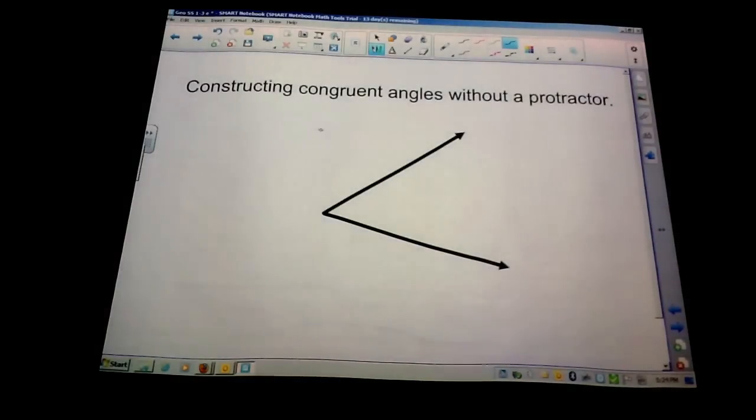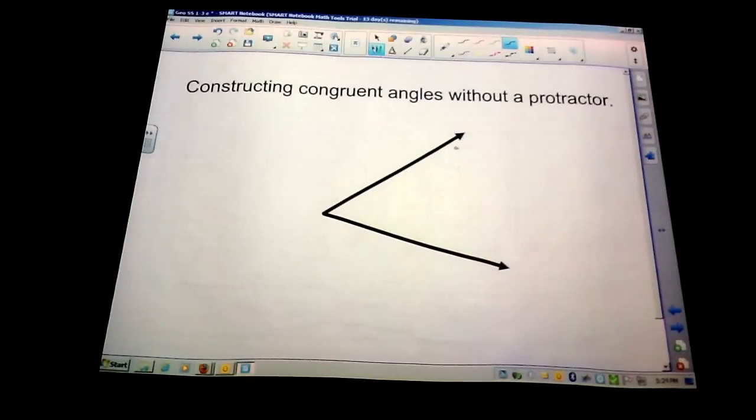Now we're going to talk about constructing a congruent angle. So go ahead on your smart notebook. You're going to do this on your notes, and then you're also going to do this on your homework. So you'll have to upload it through the smart notebook software.